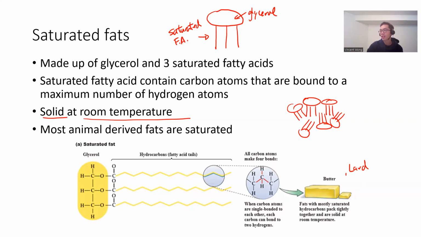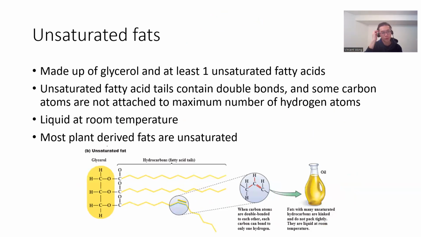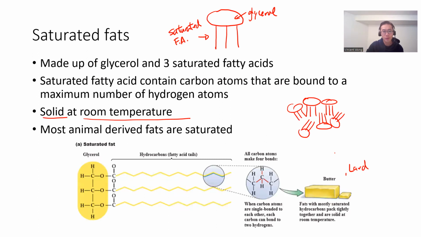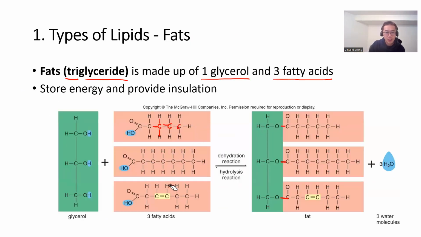The opposite of saturated fat is unsaturated fat. Unsaturated fats also have a glycerol. They have at least 1 unsaturated fatty acid. Let me go back here to show you. Okay. So this fatty acid is saturated because all the carbons are bound to as many hydrogens as possible.